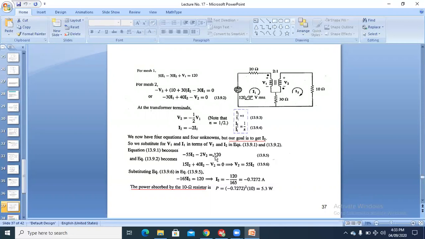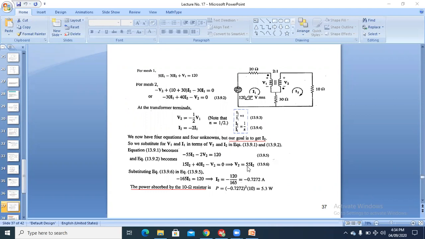And we get the first equation as minus 55 I2 minus 2 V2 is equal to 120, right? And in the second equation, we will get the value of V2 is equal to 55 I2.